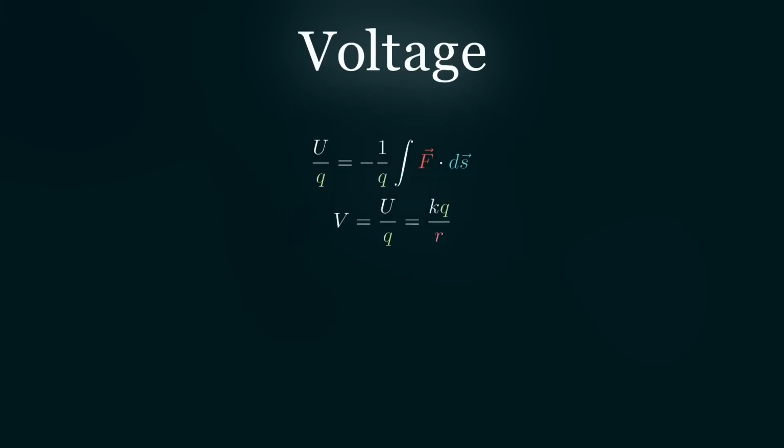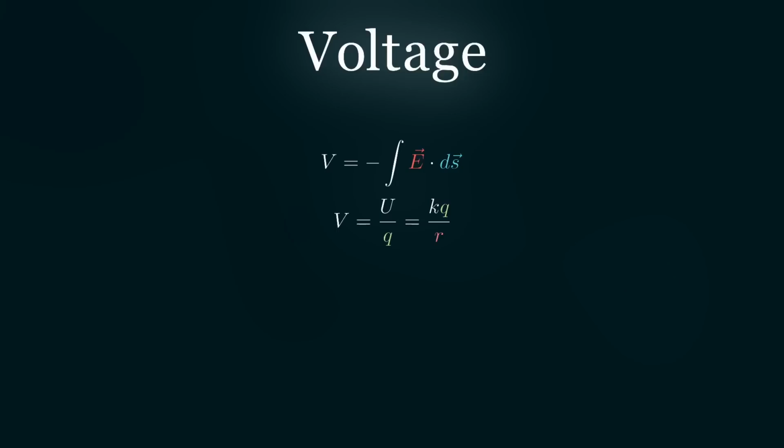On the left-hand side, we get potential energy divided by charge, which is just our voltage. And on the right-hand side, we get a 1 over q. But there's also the force here. If we have the force per unit charge, what we end up getting is the electric field. So now if we simplify this equation, we can see that the voltage is just the negative of the accumulation of the electric field across some distance.